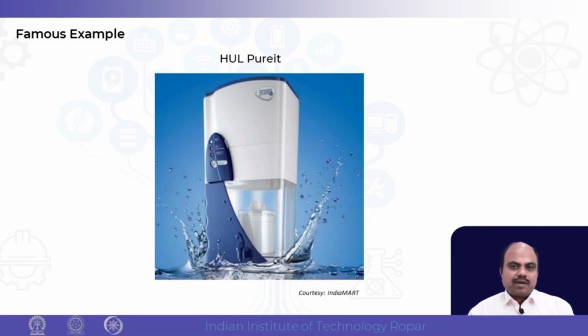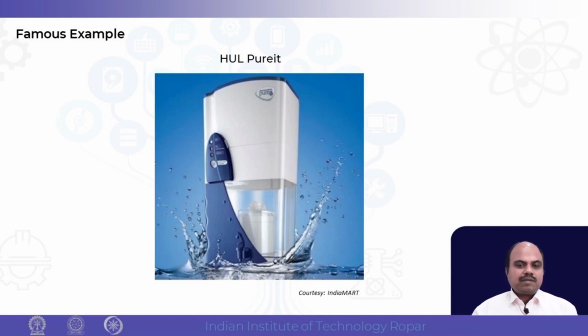So the solution is that we need a filtration method which is standardized according to something like a US standard, and then the water should be drinkable. It should not run on electricity. It should be economical. So ultimately, with all this understanding, they came out with this system, Pureit.